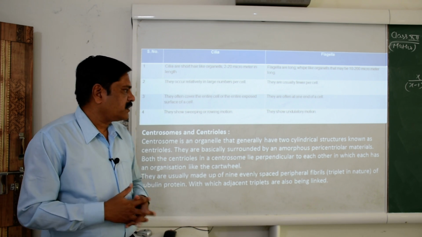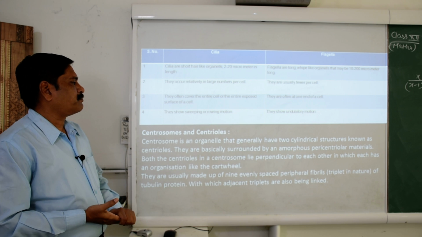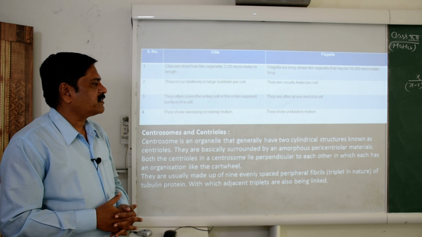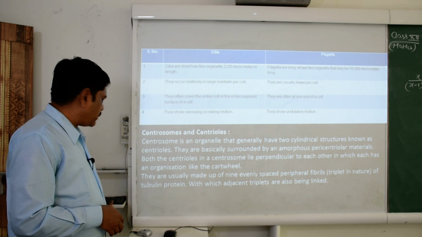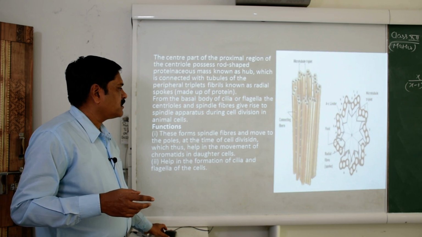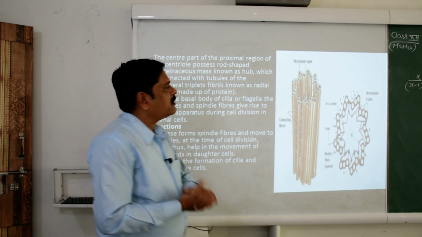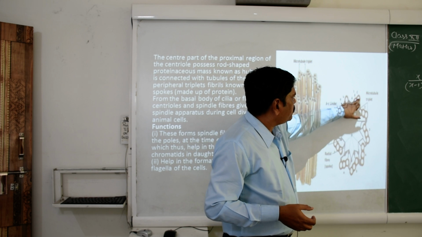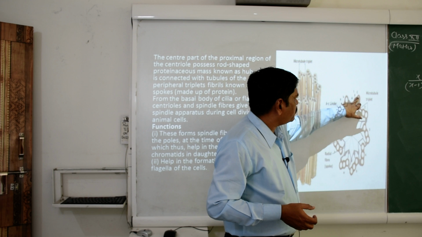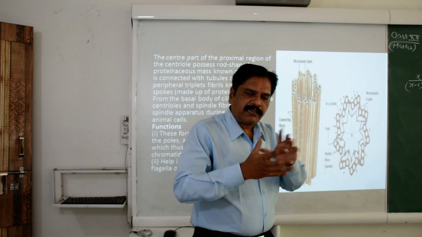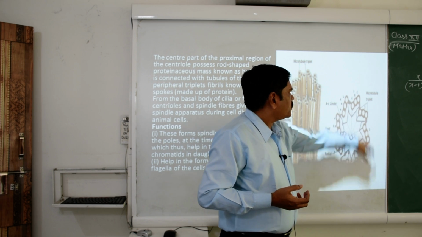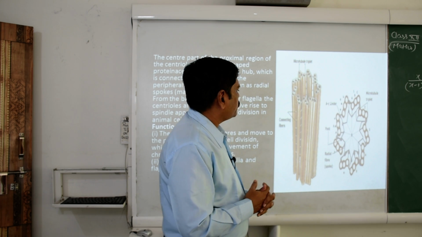Clear? Here you can see a vacuolar structure inside it. The perpendicularly arranged centrioles are present, which have peripheral fibrils in the form of triplets, and these are made up of tubulin protein. The adjacent ones are arranged somewhat curved, because here you can see ABC, ABC, ABC. So A is attracted by C and C is attracted by A, so they are slightly tilted and twisted, which gives them this specific structure.